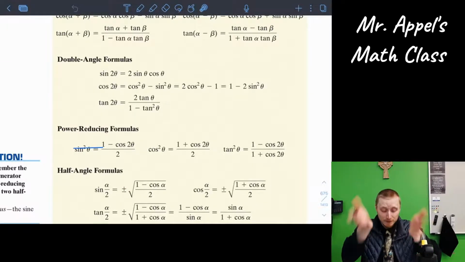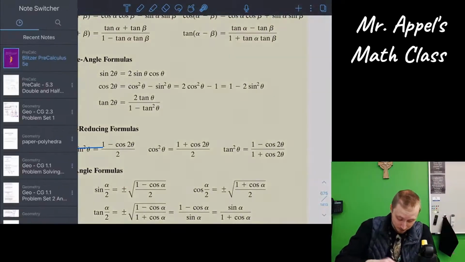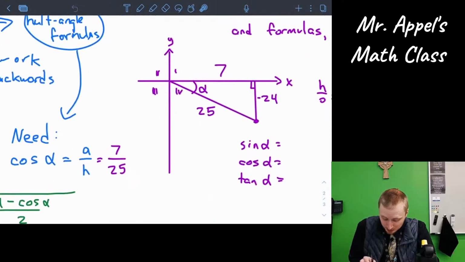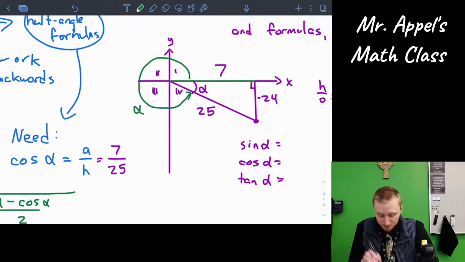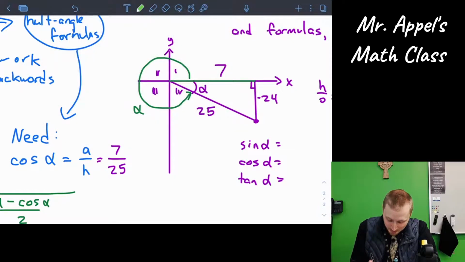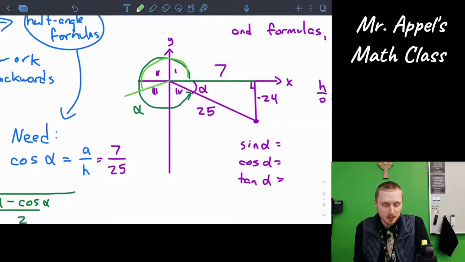If it was alpha, I know where alpha is. I know alpha is in quadrant 4, but this is a lie. This is not actually alpha, this is 360 minus alpha. The real alpha, standard position of an angle, is going around this way. So half of alpha is something like that, maybe, but that's not even right.